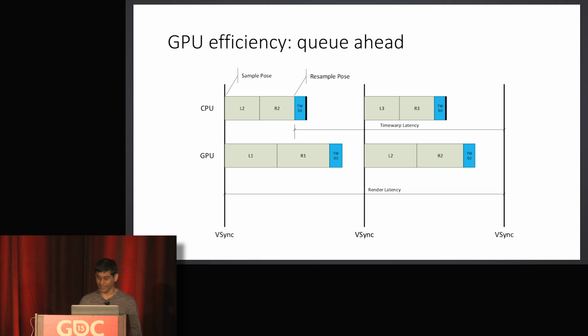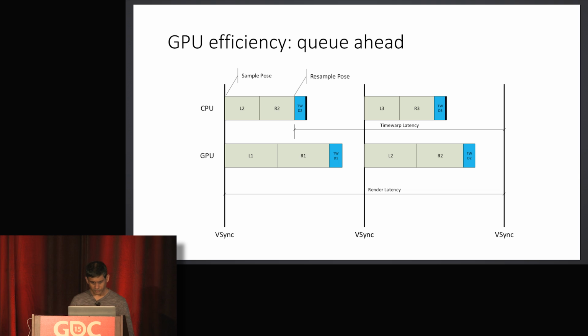However, when things are serialized to reduce latency, in the worst case, you almost have half the available time to do stuff on the CPU or GPU. The key downside, of course, of queuing one frame ahead, as shown here, is that it hurts latency.